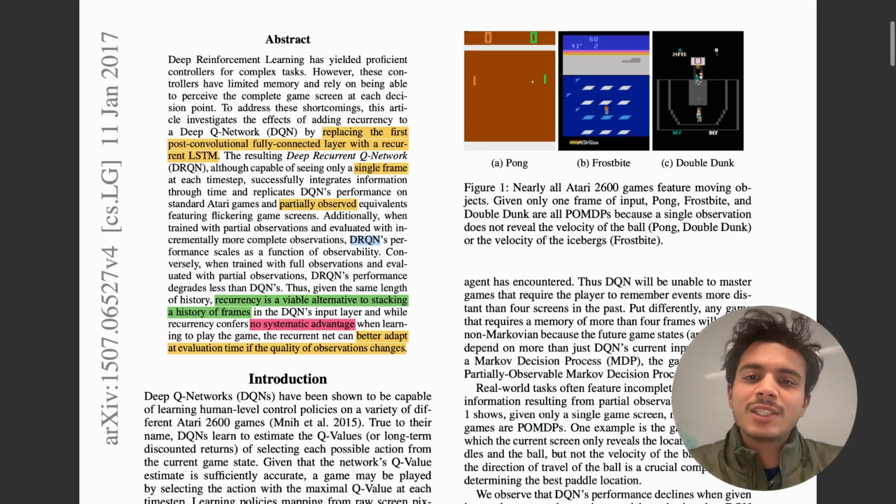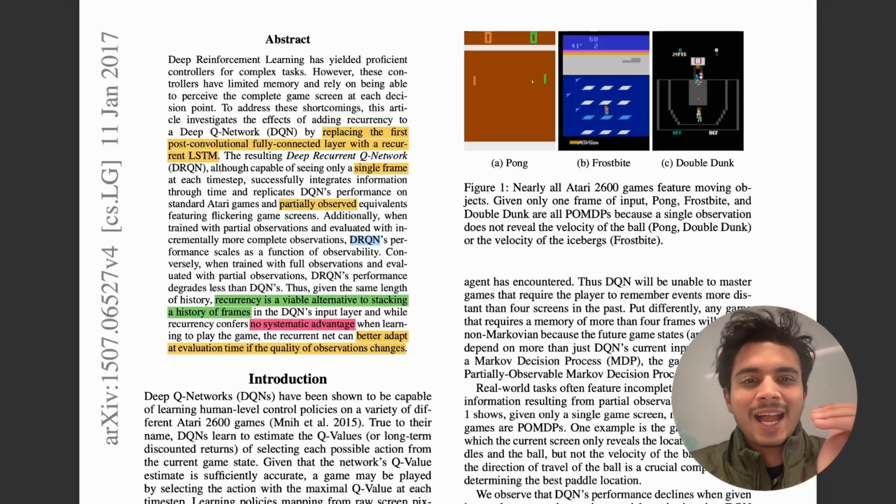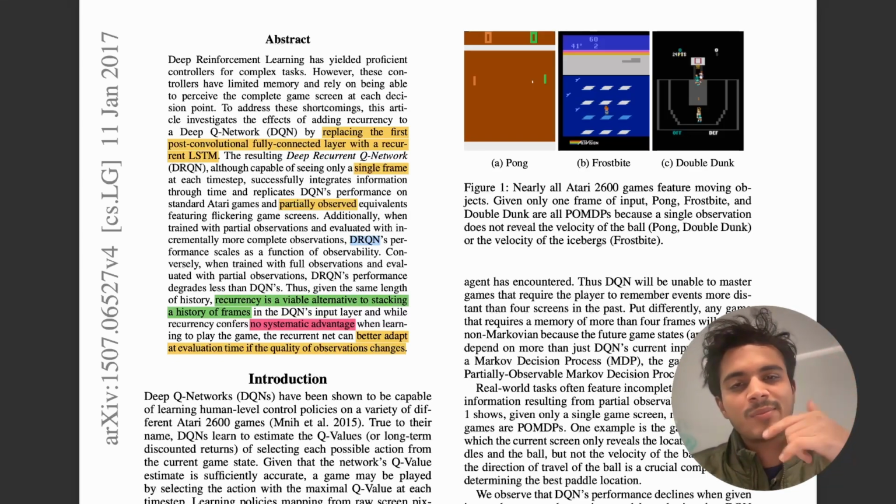So they call it DRQN now. I'm not sure what exactly they have proposed here. I think they're coming up with 2 different networks. I'm kind of unsure. I'll make sure that I get into the details and come back to the video description later on. By the end of the paper, I read about how they're introducing 2 different networks, DRQN as well as an improved DQN.